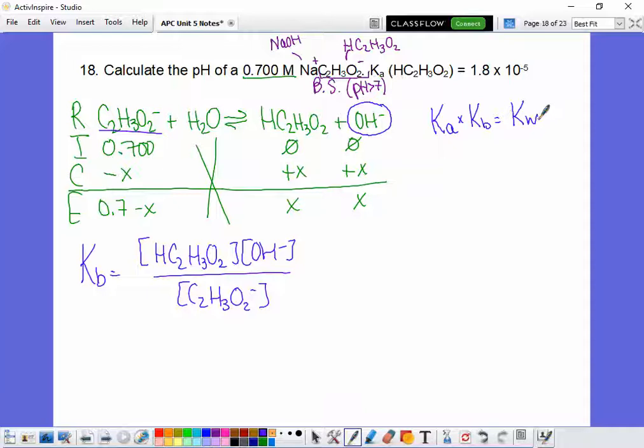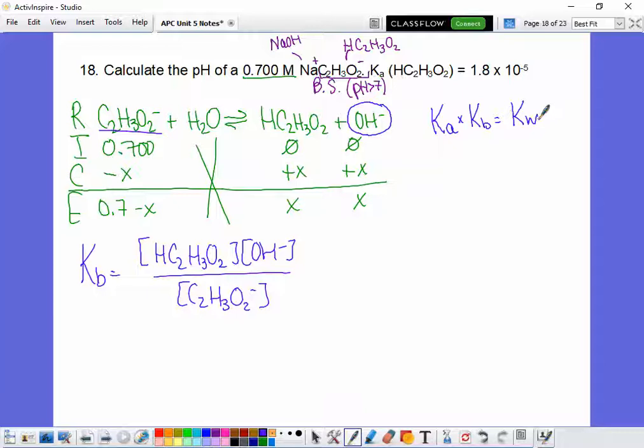We haven't used this formula yet, but this works for all conjugates. The Ka of a weak acid times the Kb of its conjugate base will always equal Kw. And Kw is 1.0 times 10 to the negative 14th, which is on your formula sheet. Kw is a constant at 25 degrees Celsius. We won't be dealing with non-25 degrees Celsius.